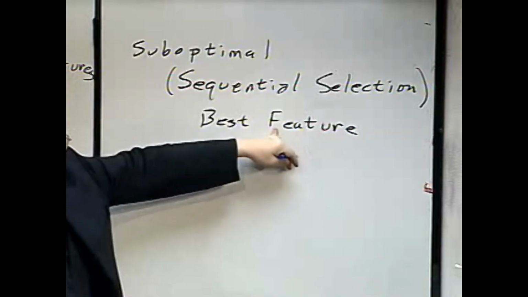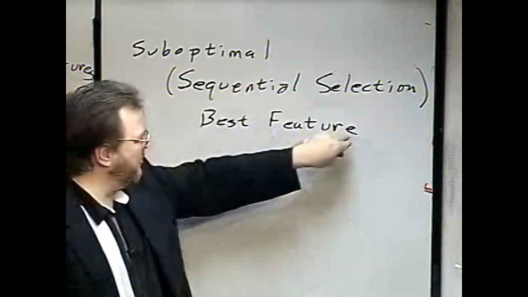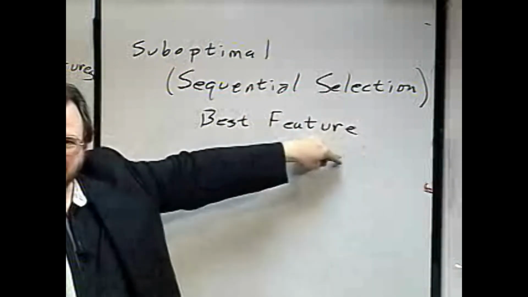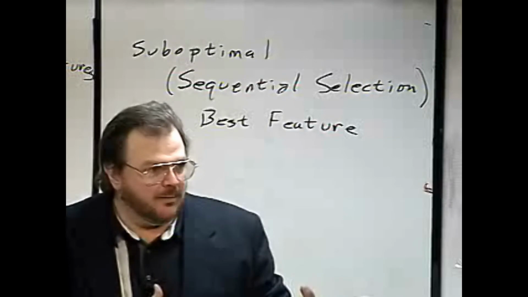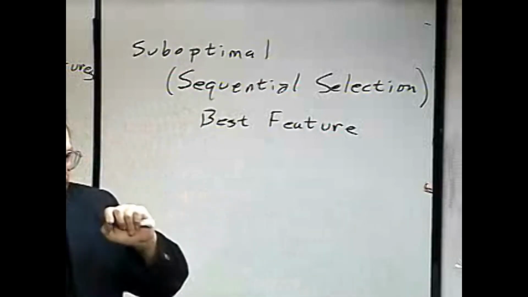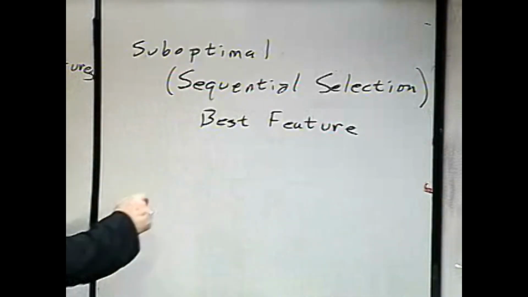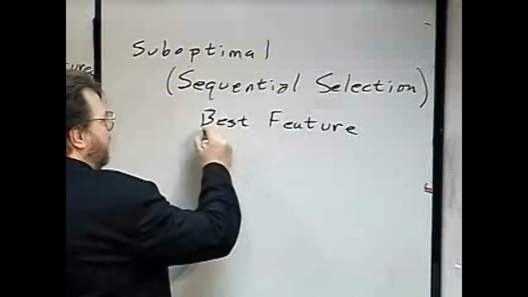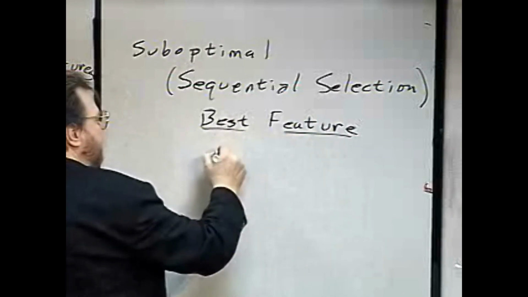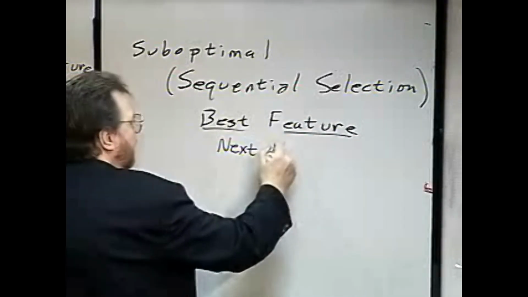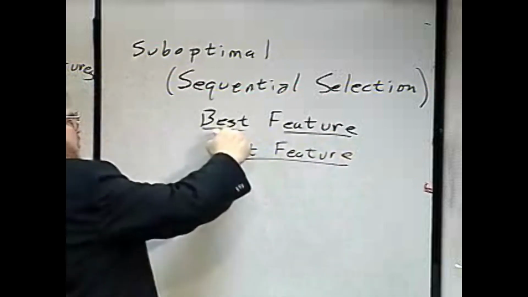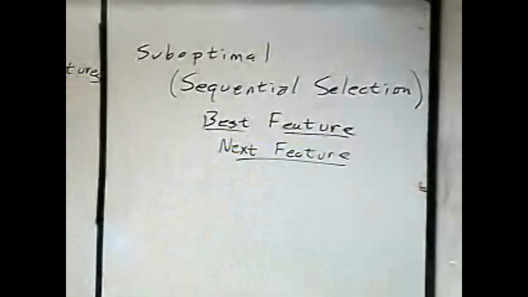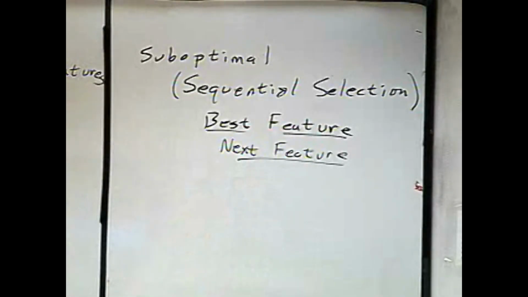That makes sense? For example, you might choose the best feature, maybe Ken Griffey. And then you'd want to choose the second player that played best with Ken Griffey. Maybe, who's the right fielder, the bald guy? Buhner? Okay. So you choose the best feature, and then you choose the next feature which works best with the first feature. Make sense?